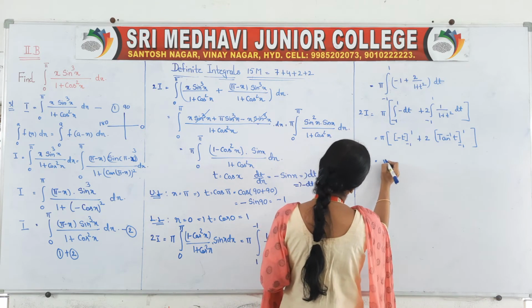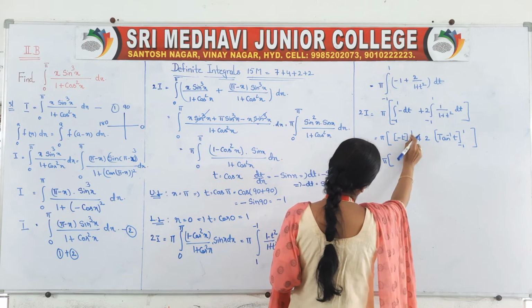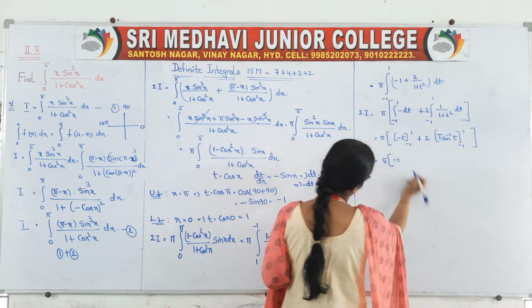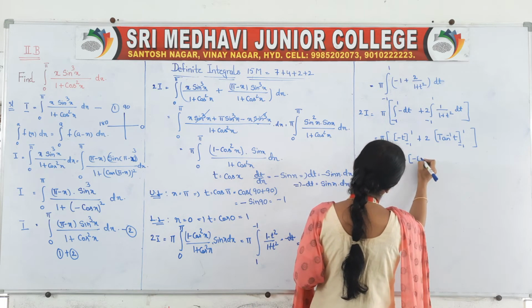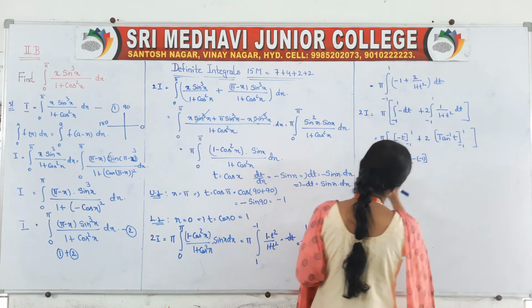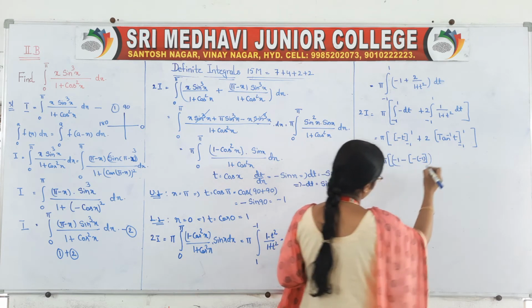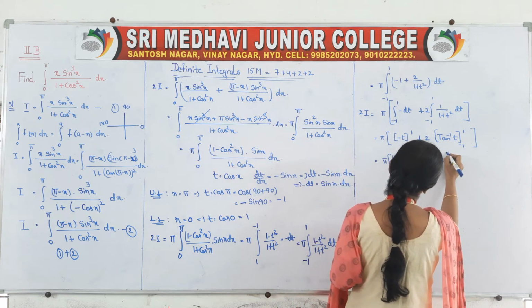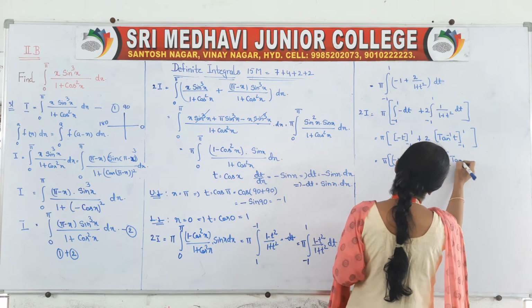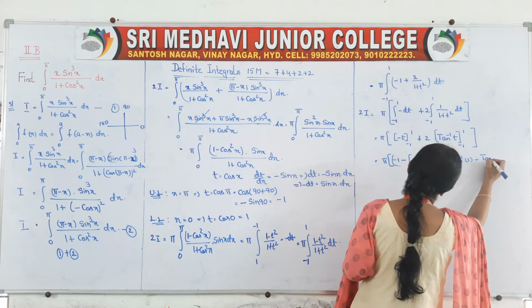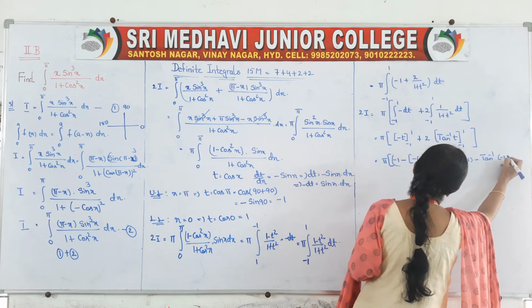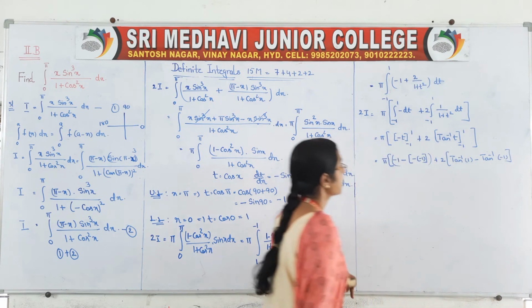So it is equal to pi into, first upper limit minus 1, minus of the lower limit. Next plus 2 into tan inverse of upper limit minus tan inverse of lower limit.